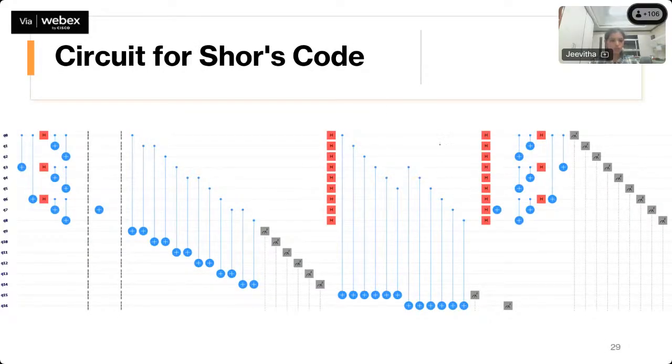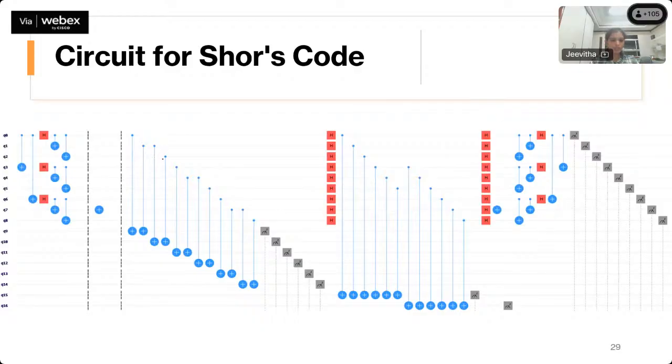So this is the code for Shor's qubit. This is the encoding part, as we have seen, and here I introduce an error. You can introduce any error X, Y, or Z. And this is the syndrome measurement for the bit flip error, and this is the syndrome measurement for the phase flip error. And this is the detection part.